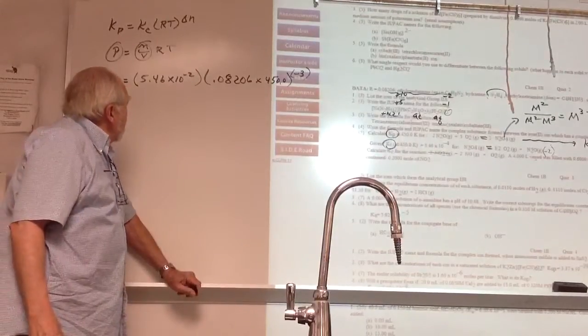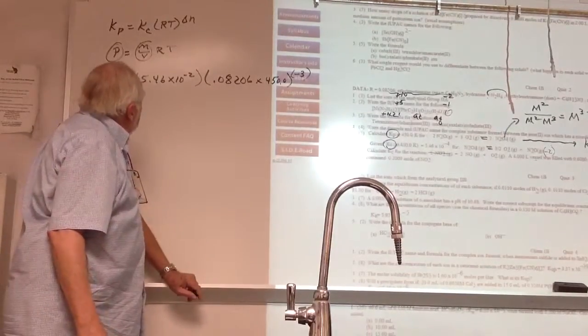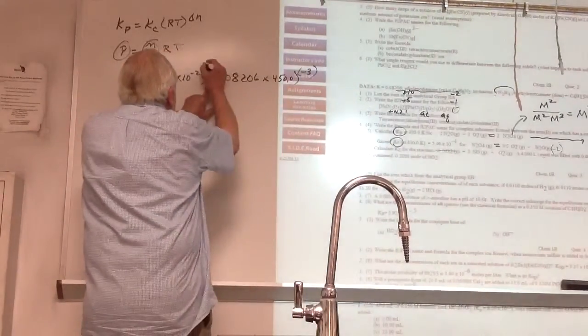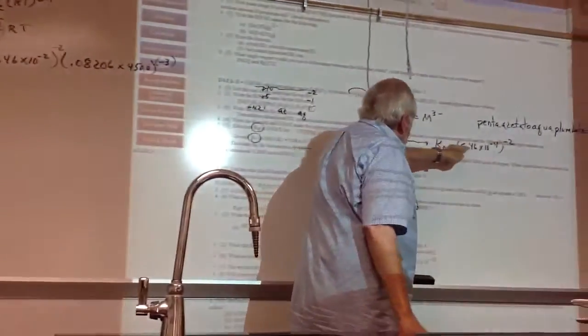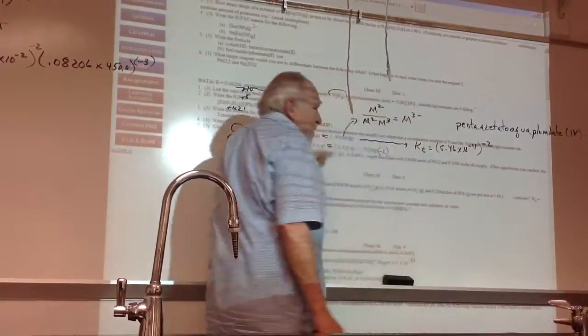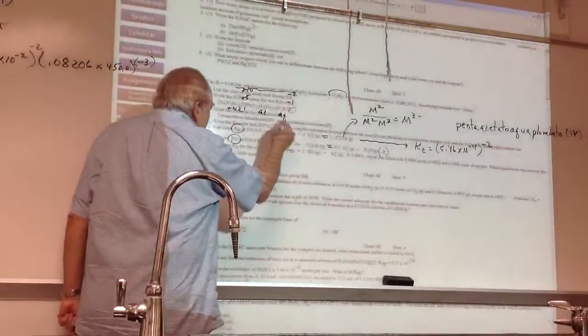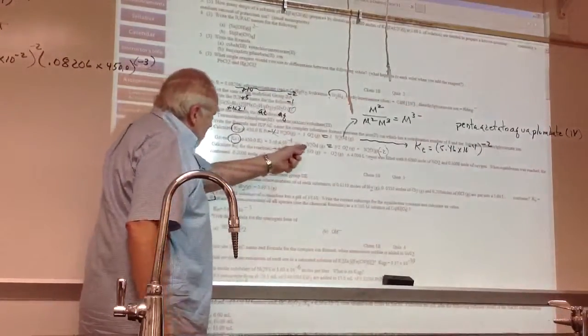You'll get the, did I forget something? 546, oh, what did I forget? Because this was K sub C right here for this equation. For which equation? The one he asked me for. Oh, okay. This is the one he gave me.